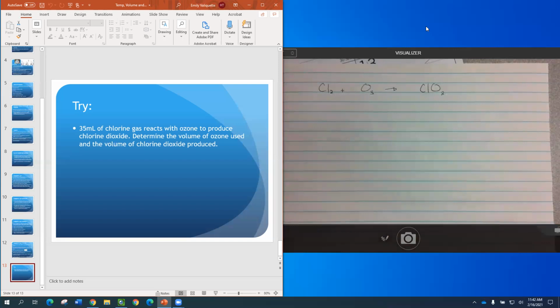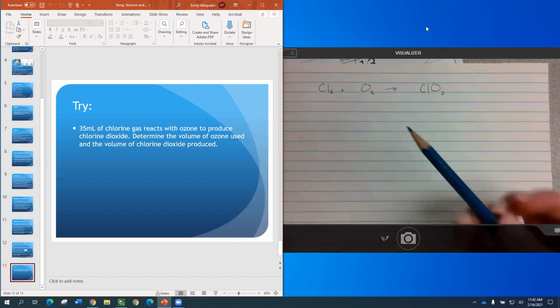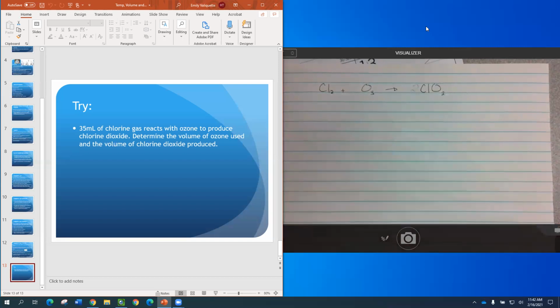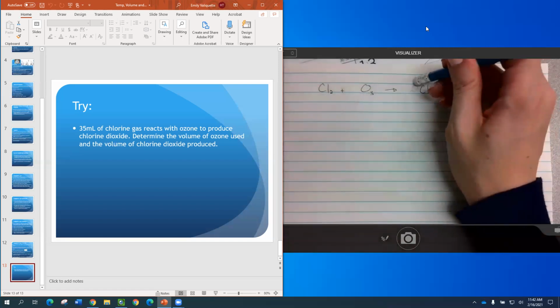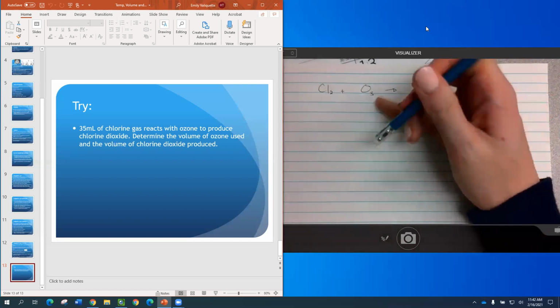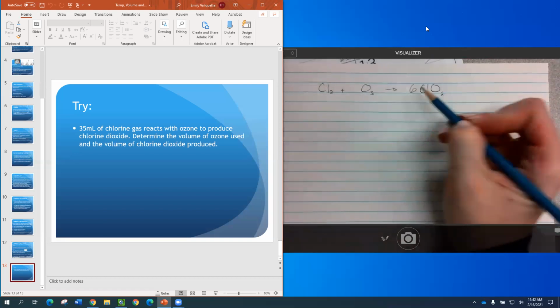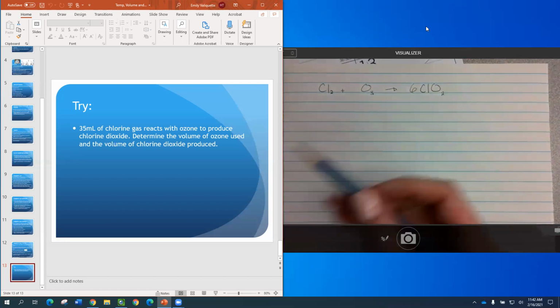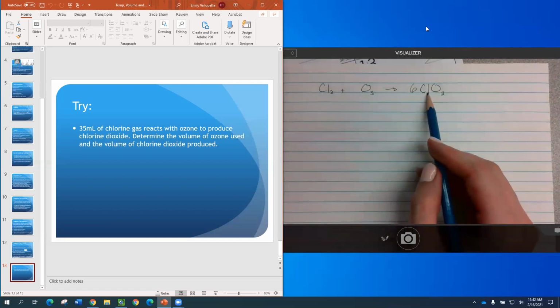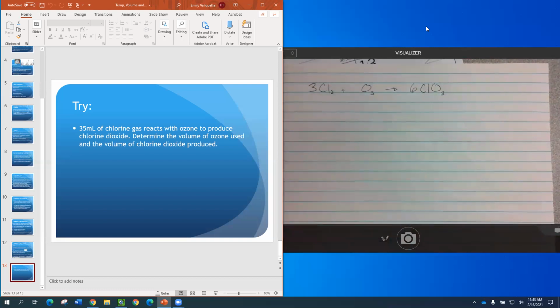And then in order to balance it, you might start by trying to put like a 2 here, but that's not going to work. So eventually, if you just keep going to bigger and bigger numbers, you'll get that you need to have a 6 there, a 3 here. Now my chlorines are equal. There's no way to get them equal without going to that big of a number here.